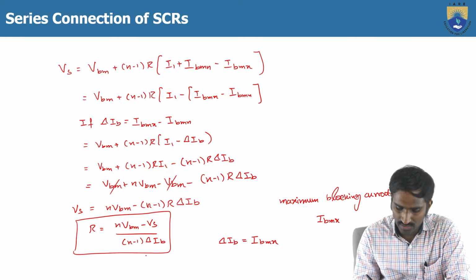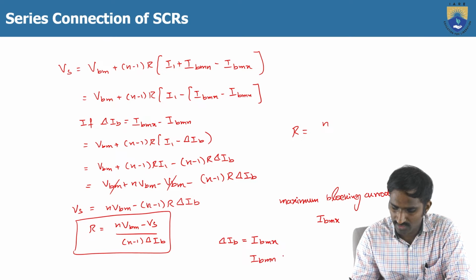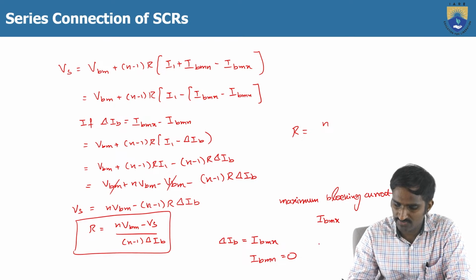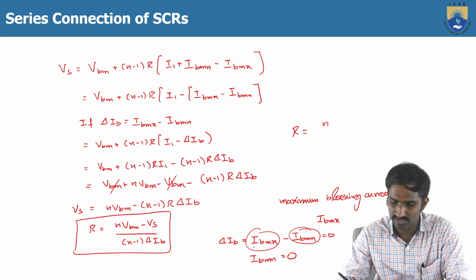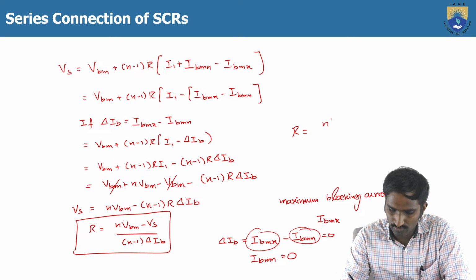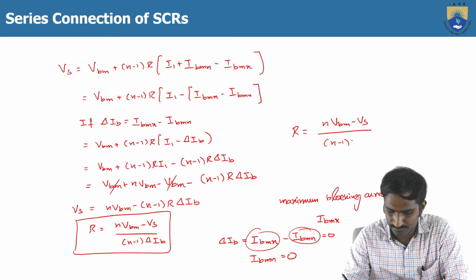Then this equation we can rewrite. We are just considering IBMN equal to 0, because as we know delta IB is equal to IBMX minus IBMN. So if you consider IBMN equal to 0, then we will have only IBMX. So R is equal to N into VBM minus Vs by N minus 1 into IBMX.